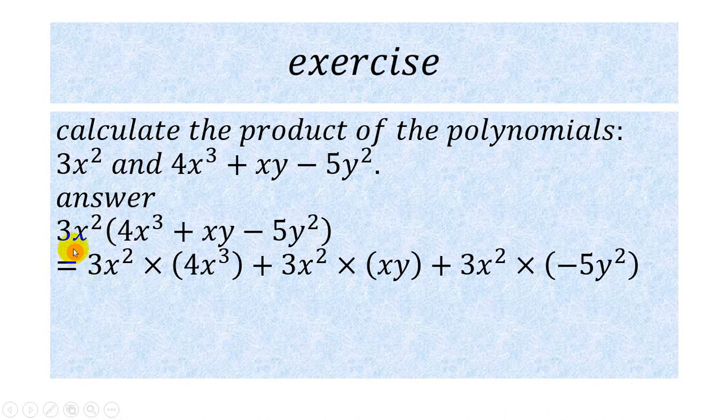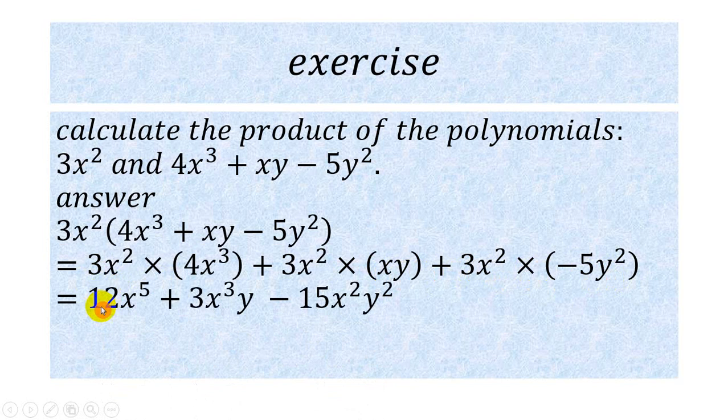We can write it like this: 3x squared times 4x cubed plus 3x squared times xy plus 3x squared times minus 5y squared.